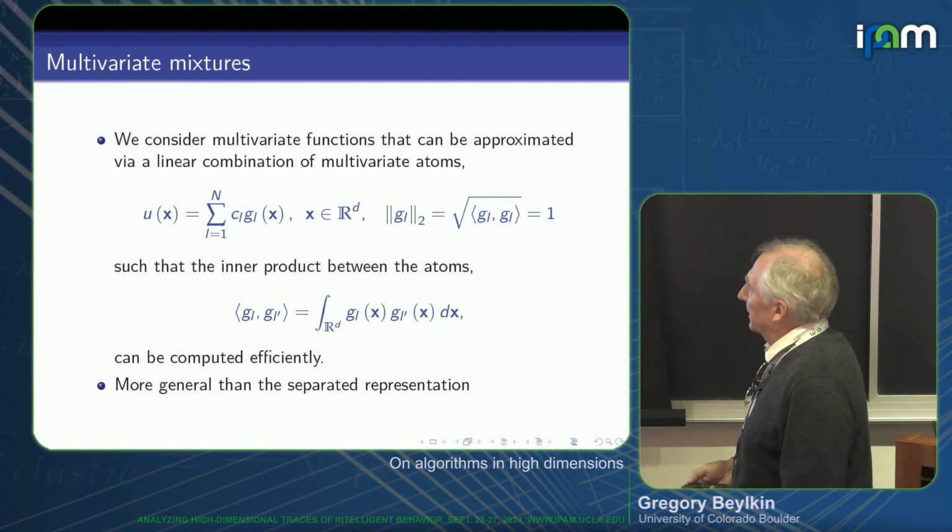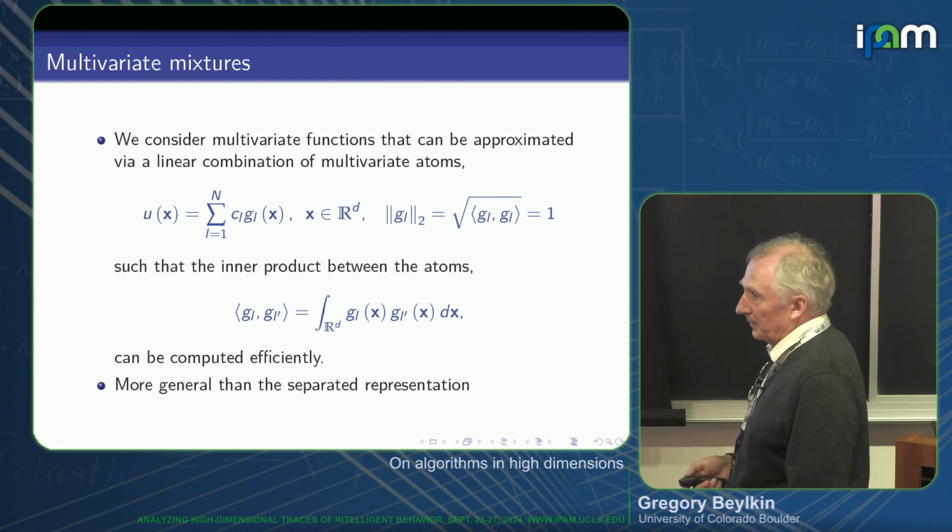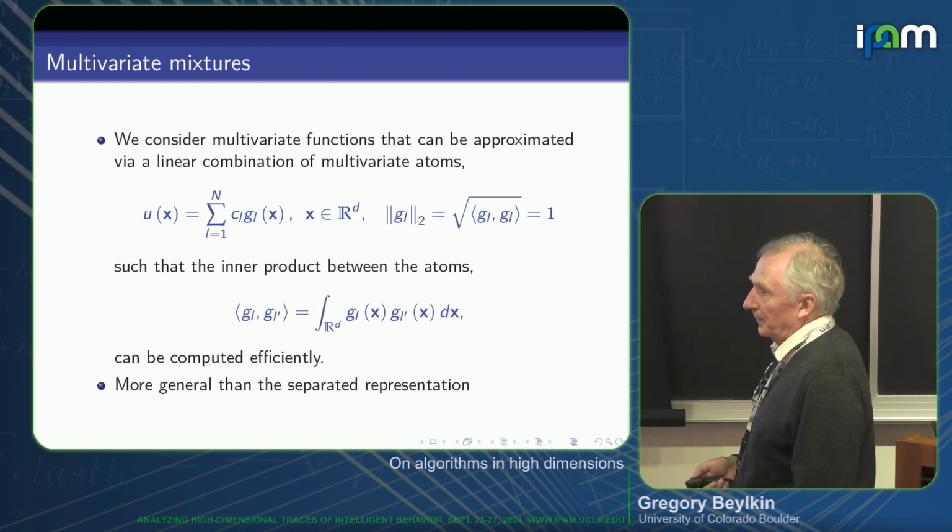And this is considering multivariate functions, multivariate mixtures. The idea is the following. You have a linear combination of multivariate atoms, and the only condition I put on them is that I can compute the inner product between them inexpensively.